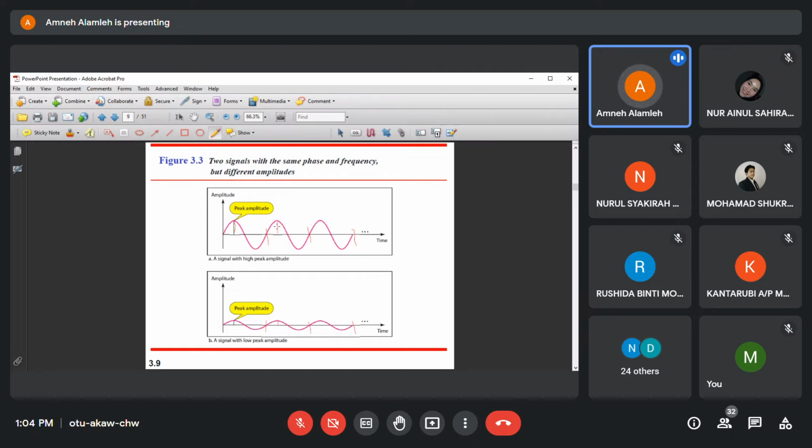The amplitude is the height, okay? In simple meaning, it's the height of the wave. So here, the height or the peak is more than the figure in B. Understand? So the amplitude, you can say the height. Yeah. Thank you, Doctor. You're welcome.